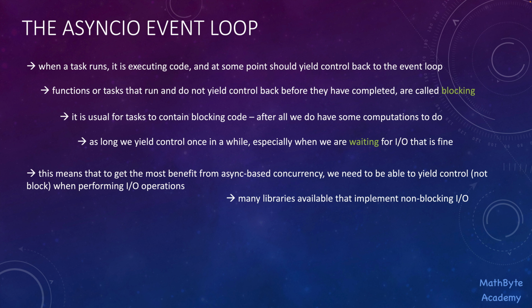Many libraries are available that implement non-blocking I/O. If you're calling a database, you could use the library called psycopg2 for Postgres. That's primarily a blocking database library, so if you use psycopg2, you're probably going to be using blocking calls.